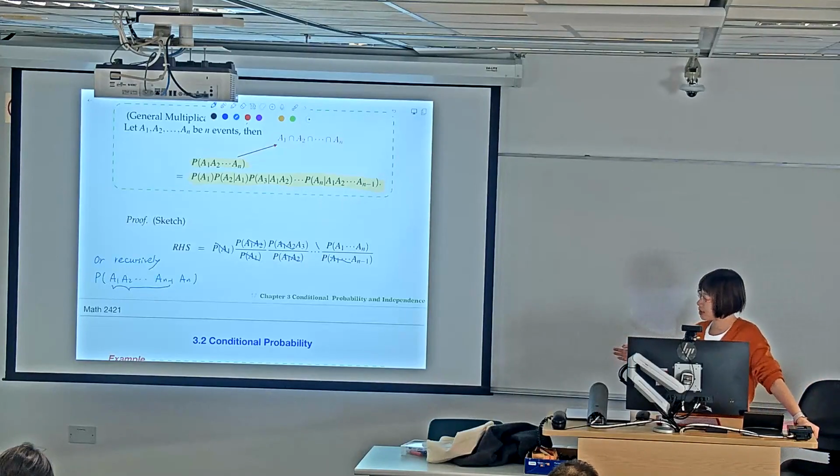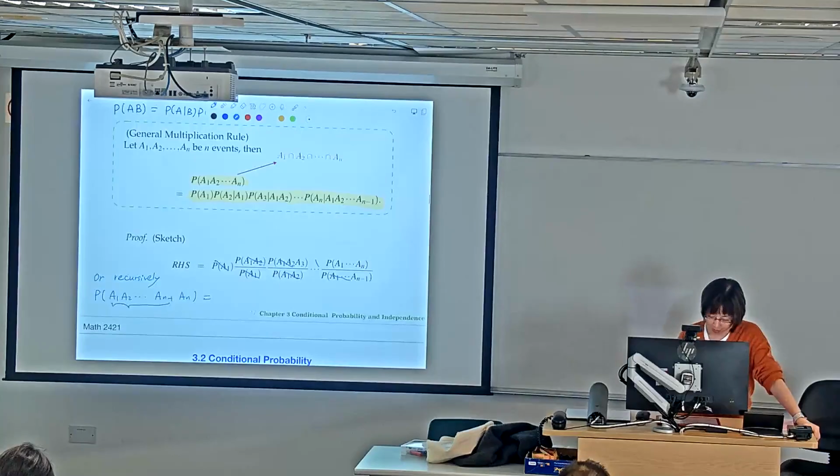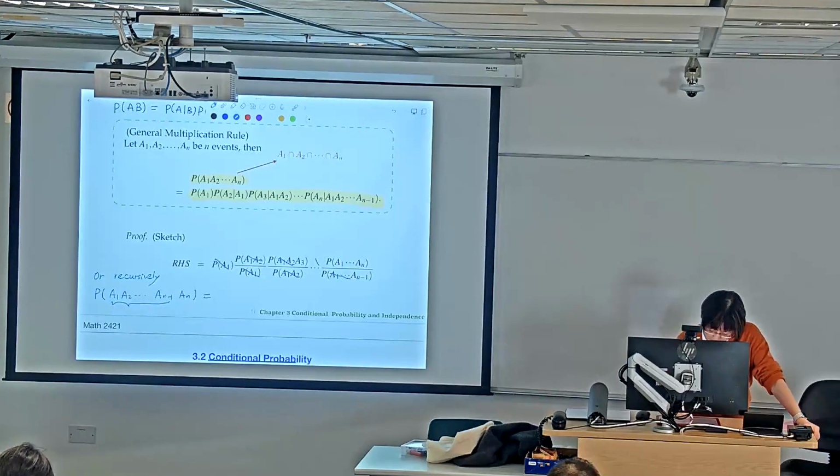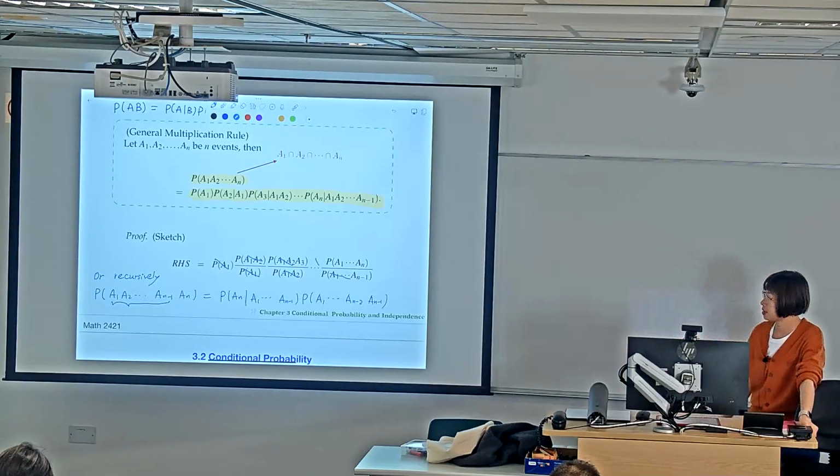So, intersect An, by the multiplication rule, this is the probability of An conditioning on the other events times the probability of the intersection of the first n minus 1 events.